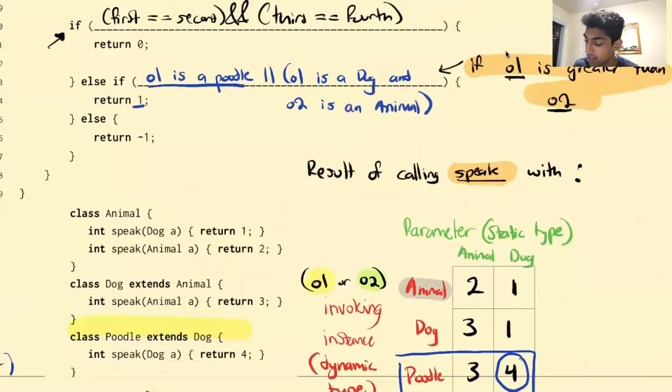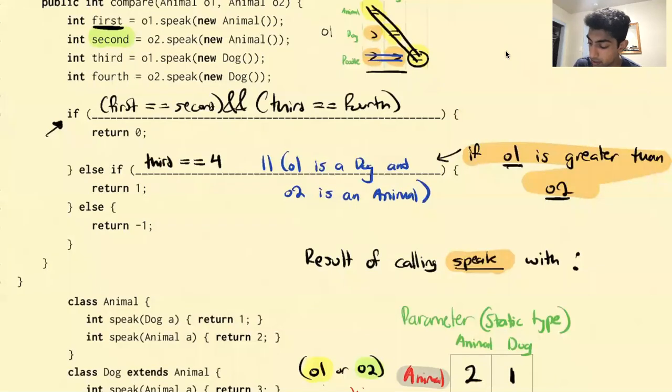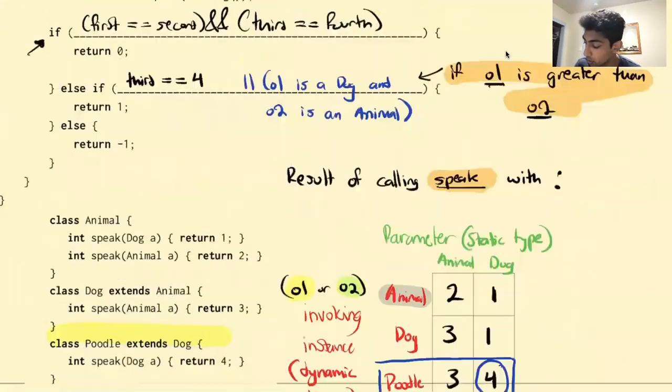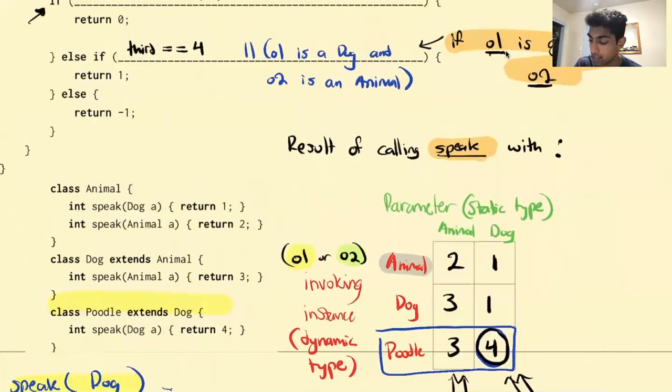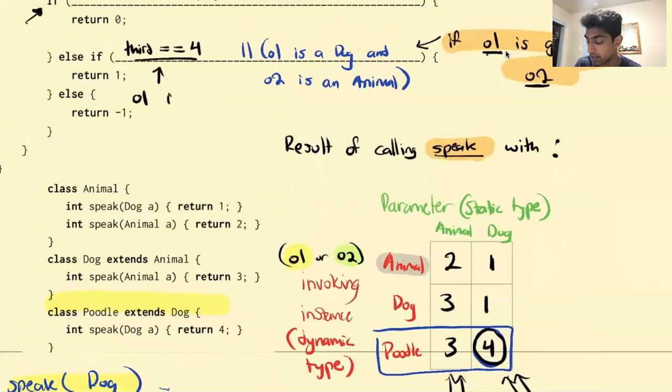So what we can say is that if O1 is a poodle translates into us saying that third is equal to 4, because third corresponds to O1, that is a dog, which corresponds to this spot in our table. Okay, so to recap, this is saying that O1 is a poodle.